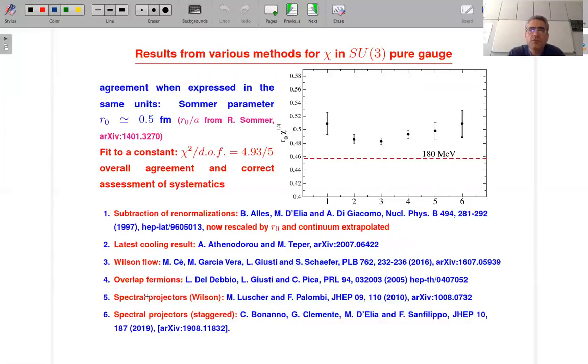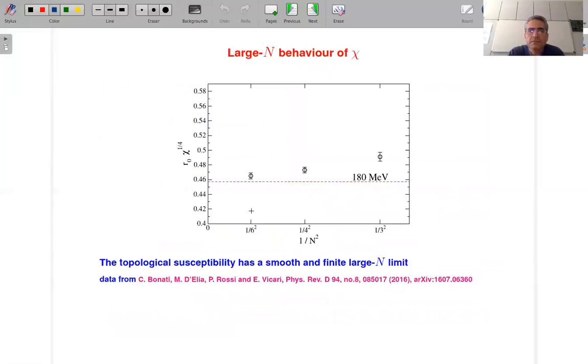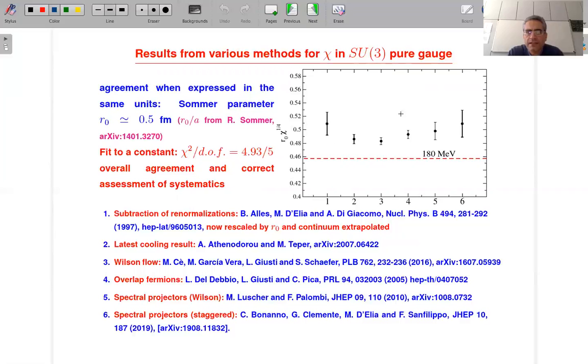And as you go to larger n, the best method is cooling or the gradient flow. But cooling is cheaper, and so this is the method which has been used for this determination, but we are confident that in these determinations, also for n equal 4 and 6, systematic errors are well under control because we verified this for SU(3).